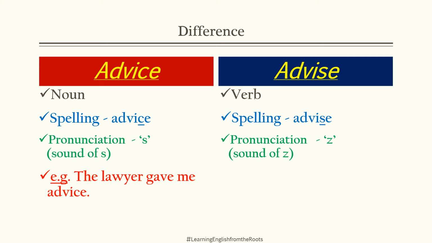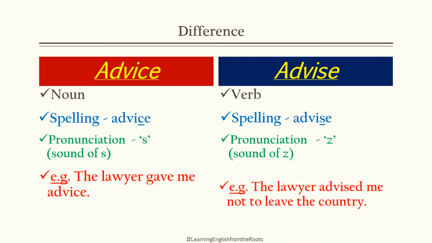He gave advice. So over here, what do we call that thing? It is known as advice. And advice over here has been used as a noun, because nouns are naming words. So what do you call this thing that the lawyer gave you? That is advice.